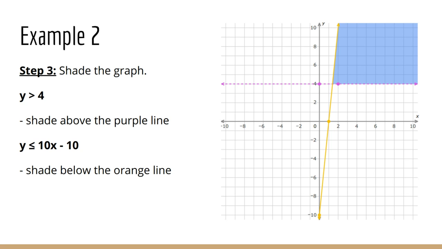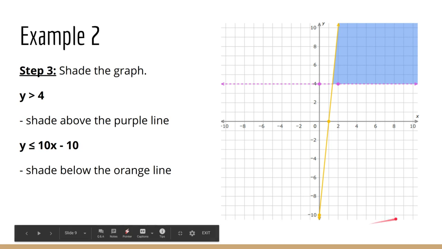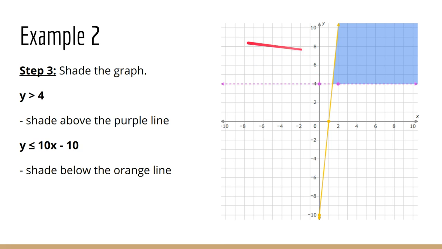Okay, so taking in consideration both lines, we're shading above the purple and below the orange. So this little section right here is the only piece that's going to be shaded. We can't have any of this shaded because that's below the purple line and that's out of our restrictions here. And we can't have any of this side shaded because it's above the orange line and we have this restriction for the orange line right here.